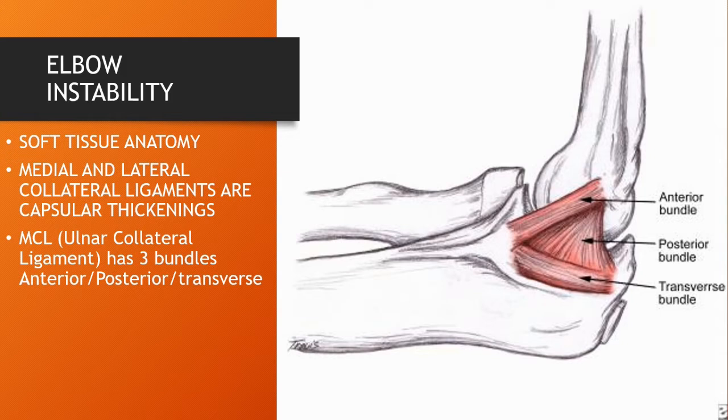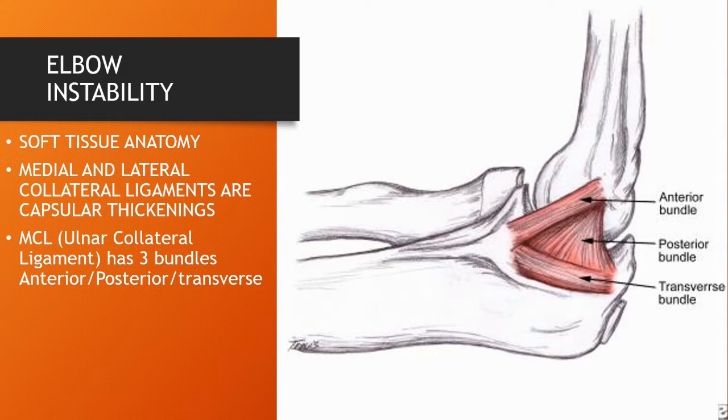Okay, so for static stabilizers, let's talk about the ligaments. The elbow is primarily stabilized by the medial and lateral collateral ligaments, and we'll take a look at both of those. Both of the medial and lateral collateral ligaments are thickenings of the joint capsule, and if you've ever seen this under dissection, you have the joint capsule, which is the innermost structure surrounding the joints and creating the inner synovial cavity.